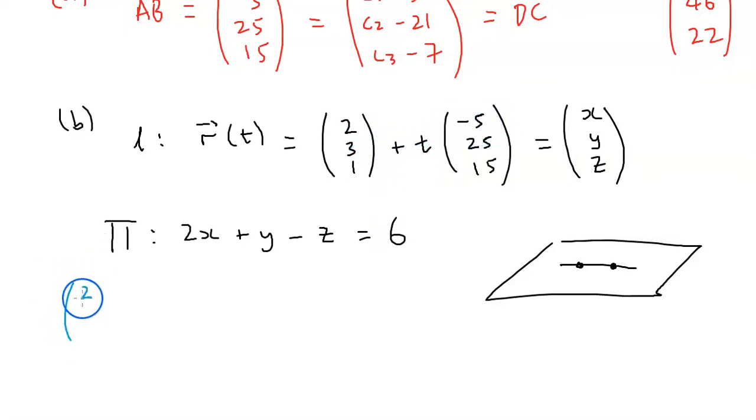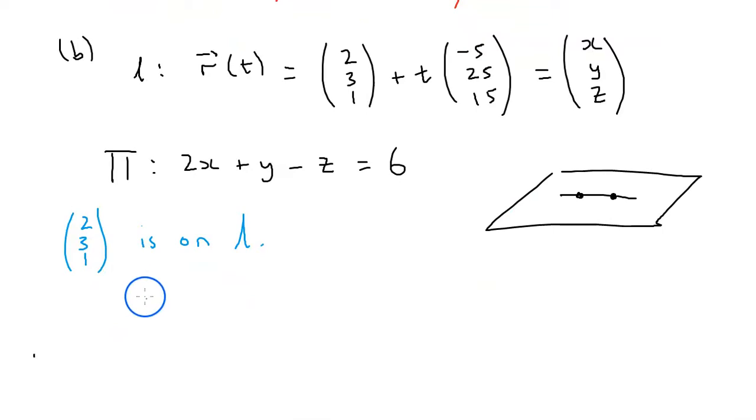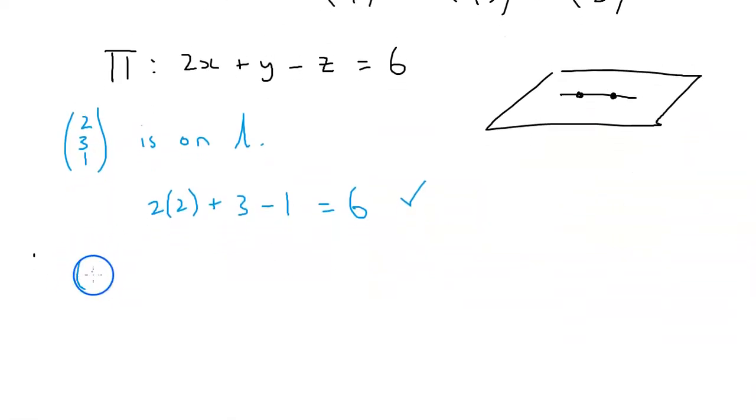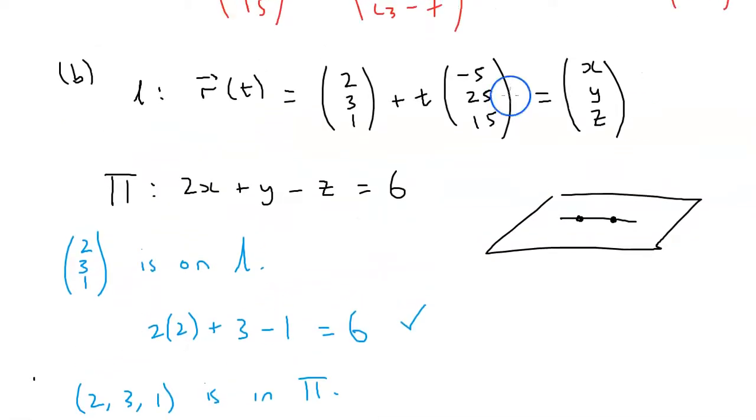So we know that 2, 3, 1 is on L. And we also have that 2 times 2 plus 3 minus 1 is indeed equal to 6. So 2, 3, 1 is also in pi.